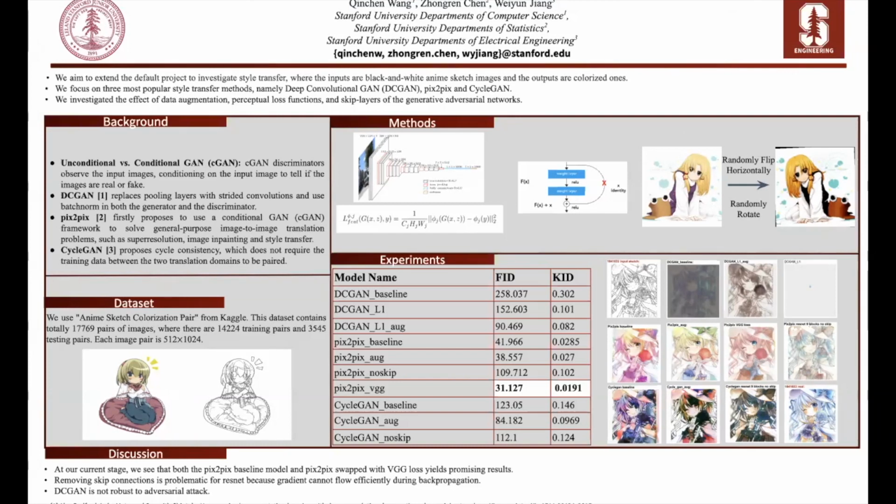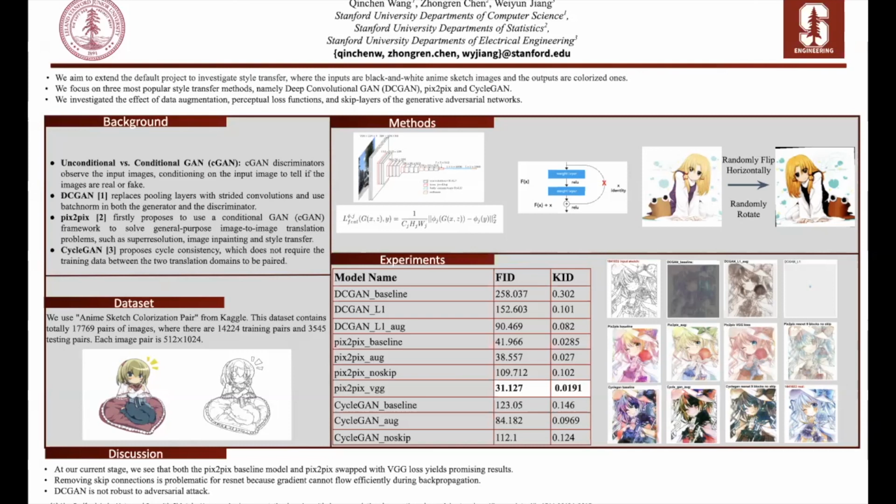In this project, we aim to extend our default project to investigate style transfer, where the inputs are black and white enemy sketches, and the output will be the colorized version.